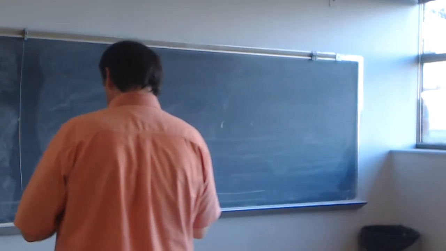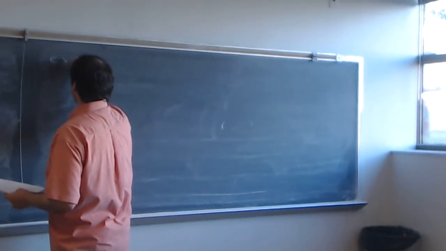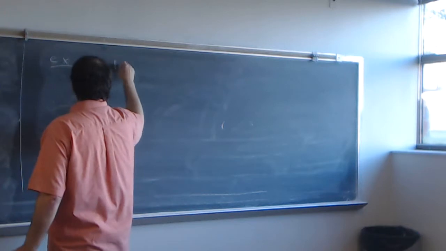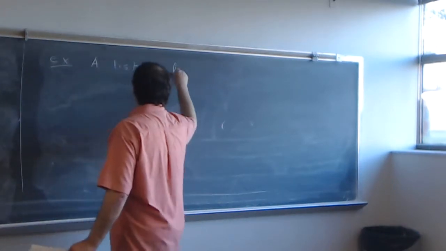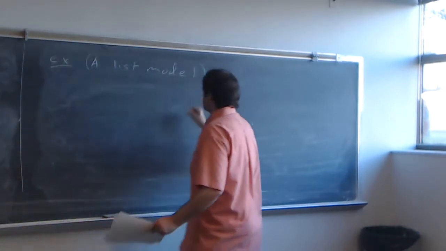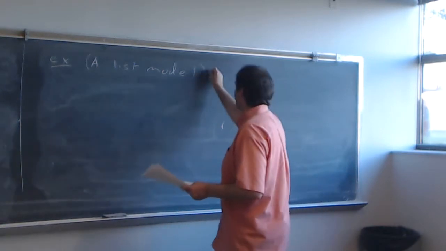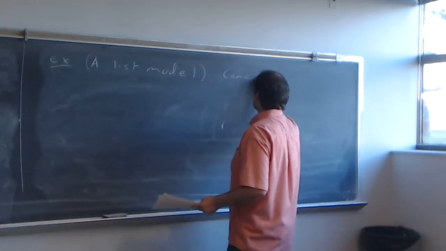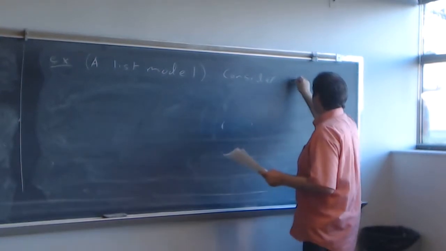Okay, so this is an example. It's called the list model. And here's what it says. It says, consider n elements.